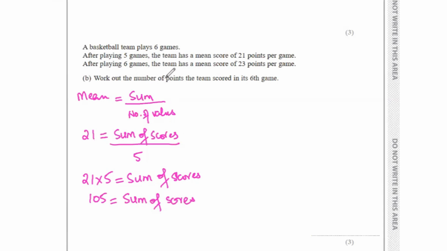After playing 6 games, the team has a mean score of 23 points per game. So we know the score for the first 5 games, which is 105. So 23 equals 105 plus x, where x is your score in the 6th game.